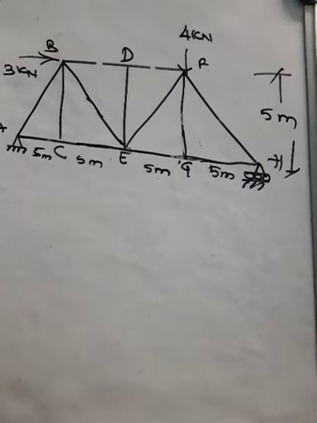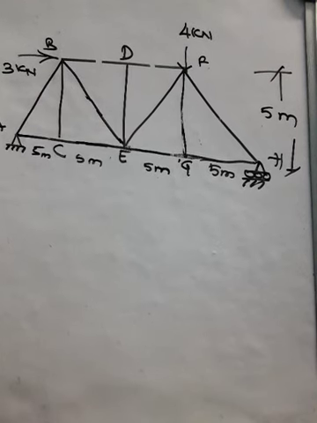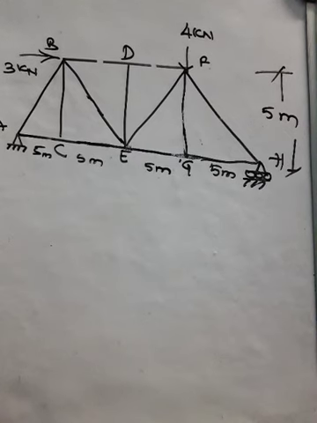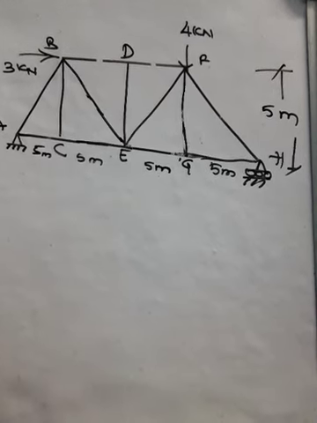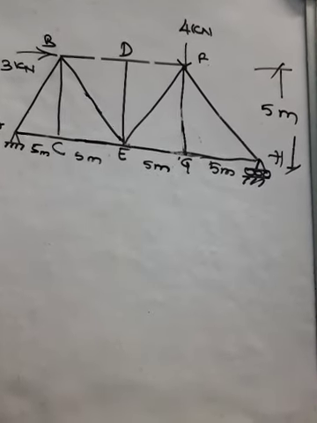Then you are going to consider the equilibrium of any one of these two parts, and calculate the unknown forces in the members cut by the section line. One thing you have to remember: the section you consider should have a maximum of 3 unknowns. Why?